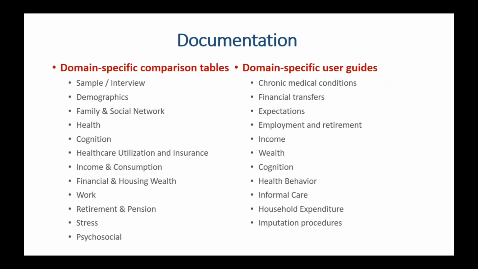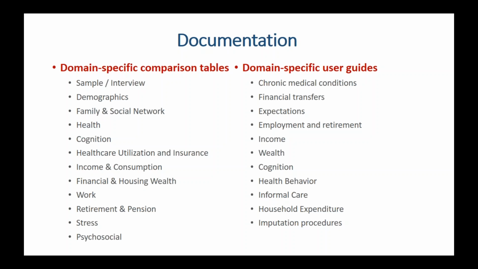We've also built a lot of documentation. And as you might have already noticed, things can be a little bit different between different studies. And so this documentation is especially key for doing cross-national or longitudinal research. And we built domain-specific comparison tables, which are broad overviews of the similarities and differences between different studies and between different waves.